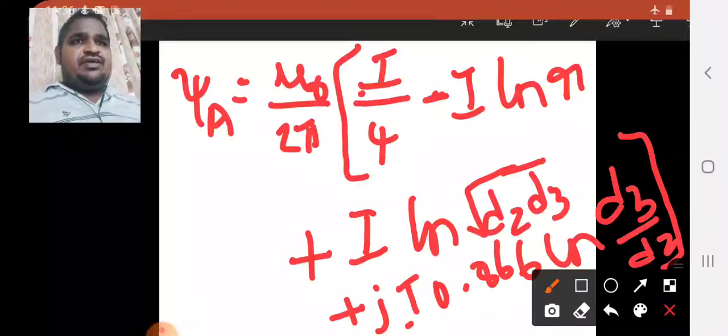Now similarly, we can still reduce this equation. How can we reduce it?